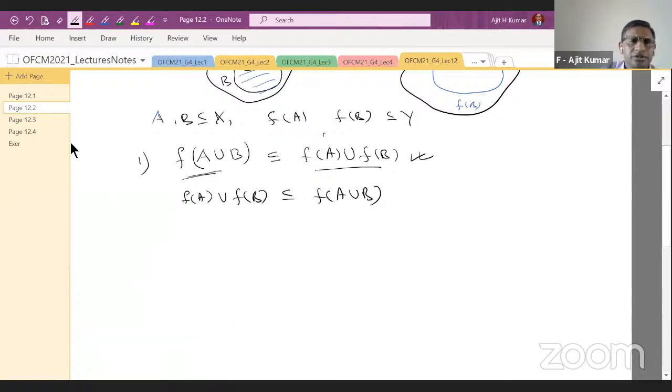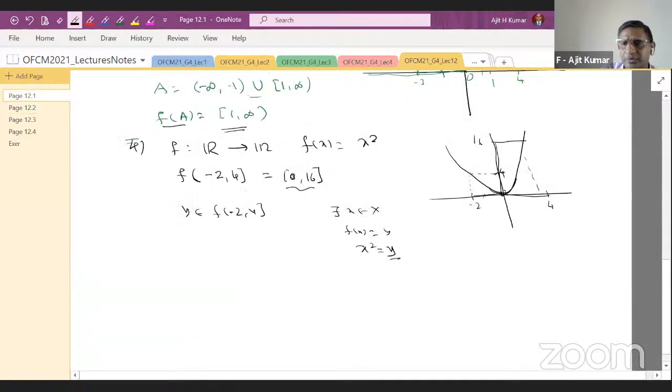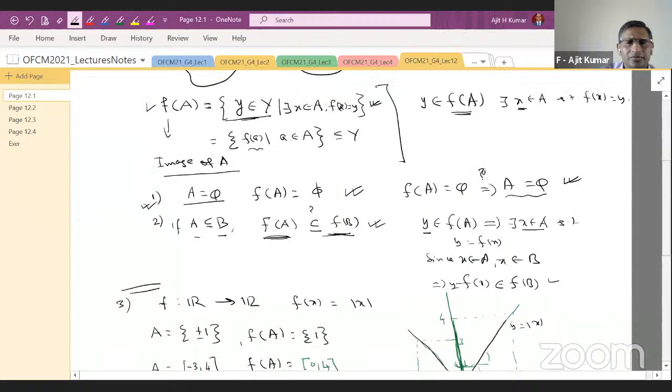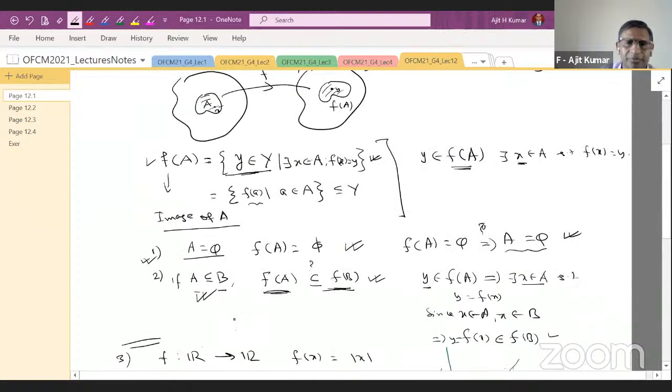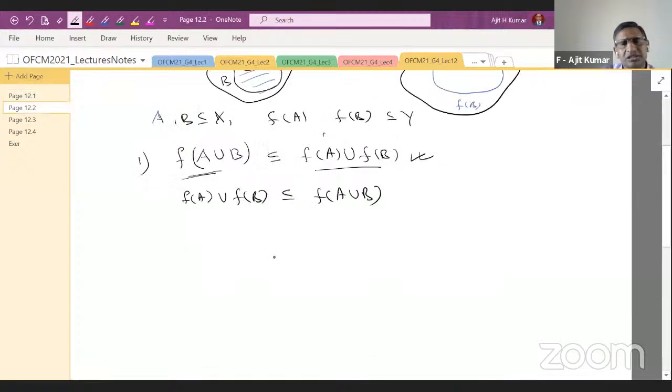proved. Right? See what we proved. We proved that in case A is a subset of B, then f of A is always a subset of f of B. Can you use this fact to prove this? Can you use that fact whenever A is a subset of B, f of A is a subset of f of B?